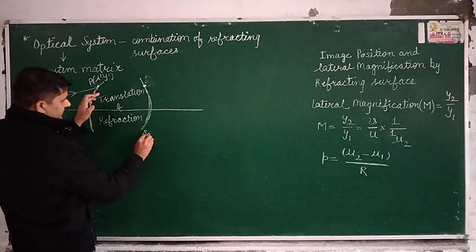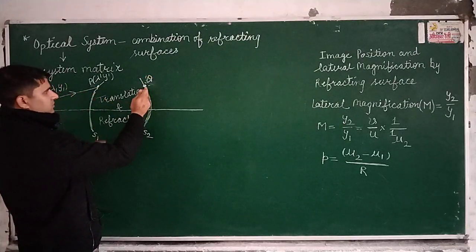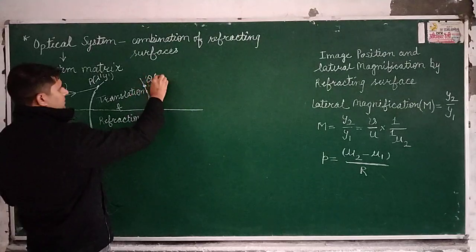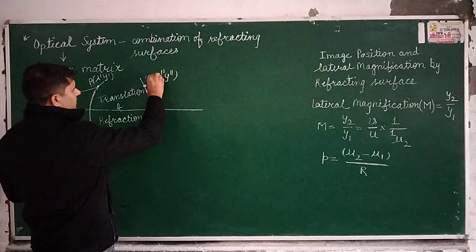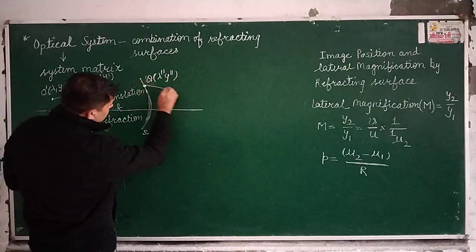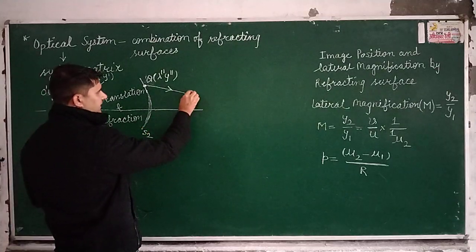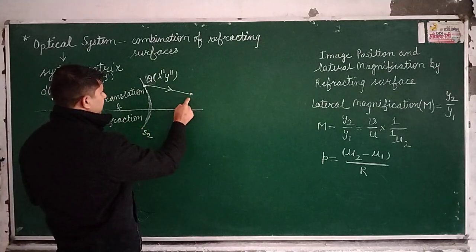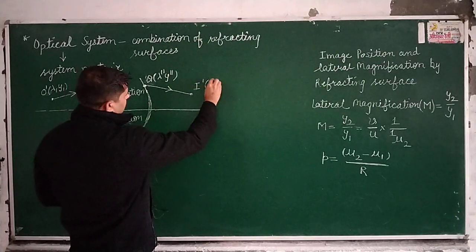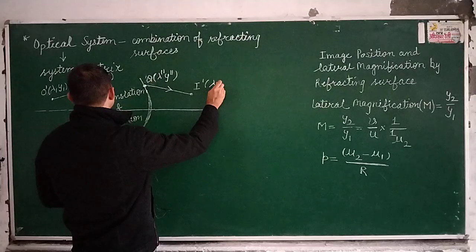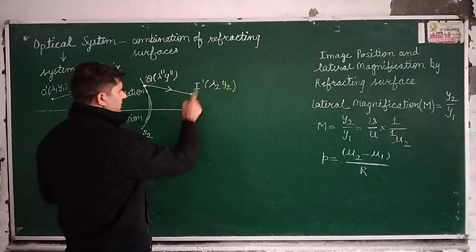This is surface S2 and this is S1. So let the ray emerge out at this point Q, where the optical coordinates are lambda double dash and y double dash. After that it propagates, it is transferred in this medium, and at this point, let this be I dash, whose optical coordinates are lambda 2 and y2, the image is formed.